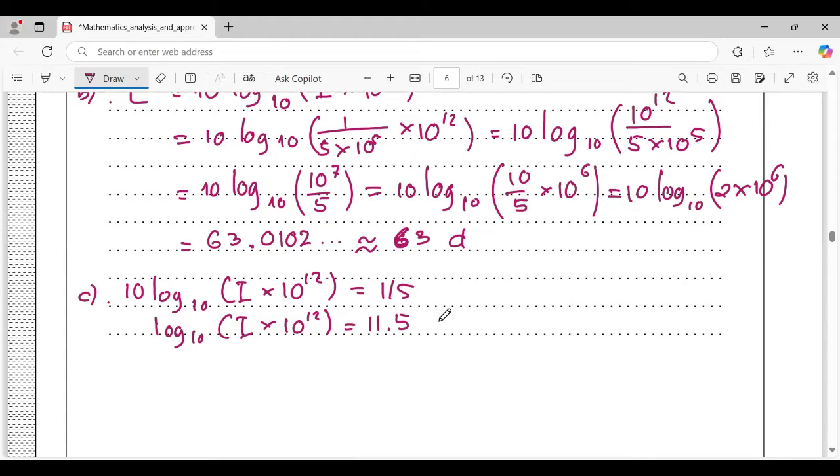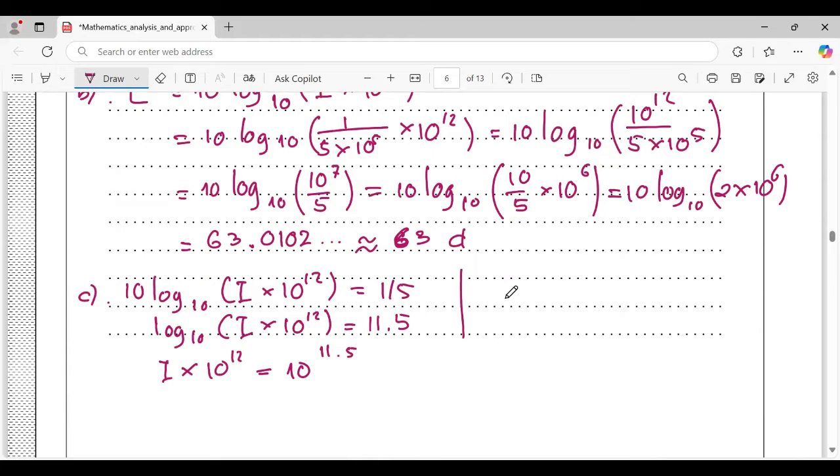According to the relation between logarithm rules and exponential rules, we can write like this: I times 10 power 12 equals 10 power 11.5.